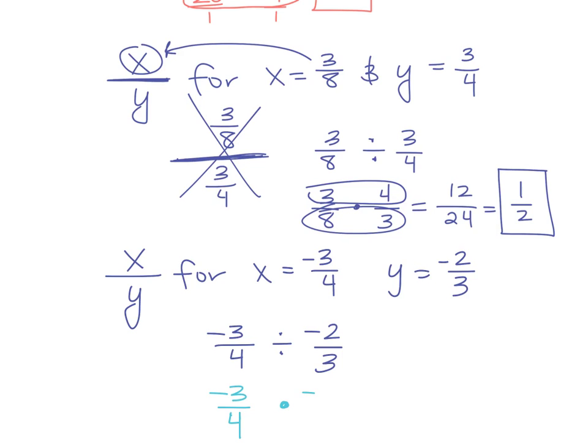Okay, keep your sign, negative 3 over 2. So now we can just multiply across. What do we get on top? Negative 3 times negative 3 is a positive 9. What's 4 times 2? 8. So your answer is 9/8.